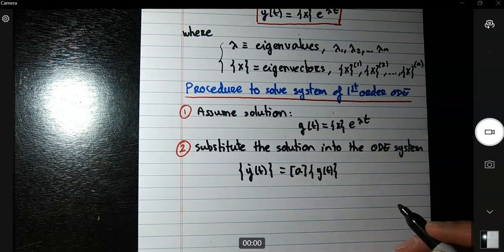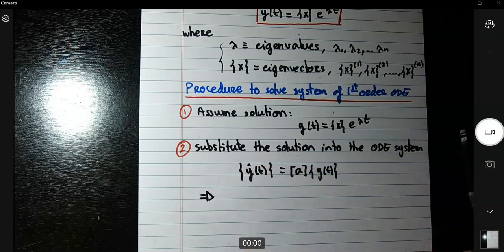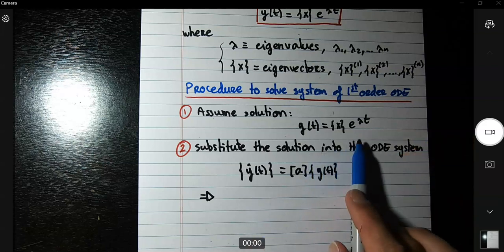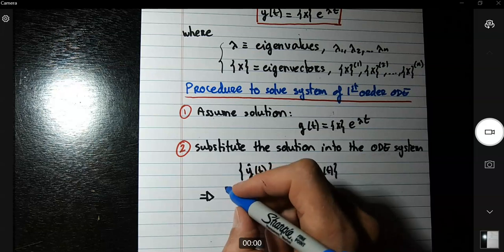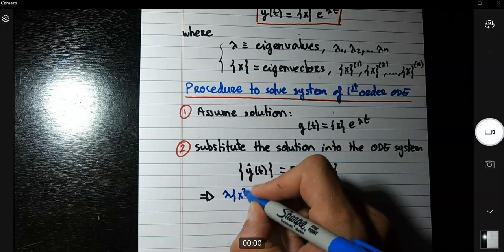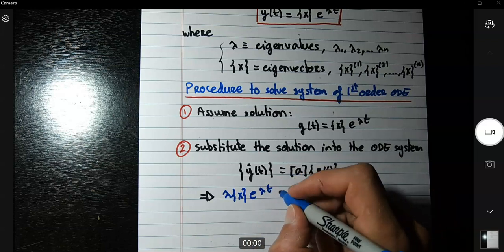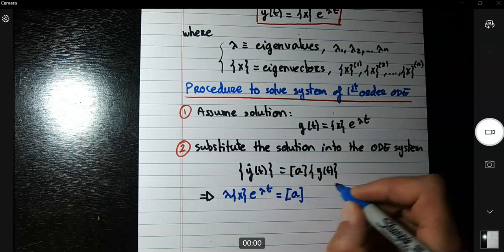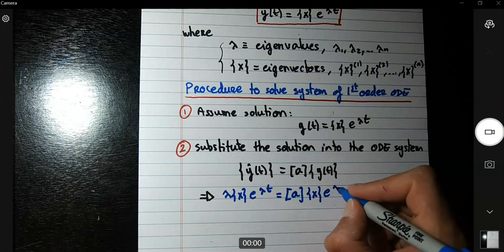If we substitute, what do you get? We did it before, but what will be dy dt? dy dt will be equal to lambda x e lambda t, and this will be equal to A times y, which is A x e lambda t.